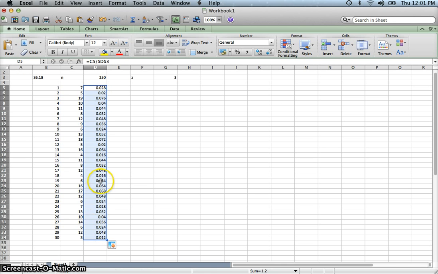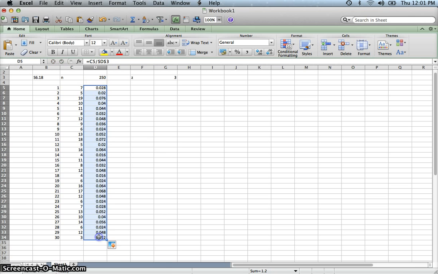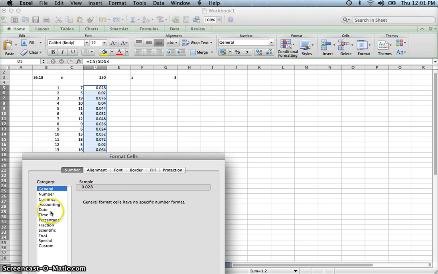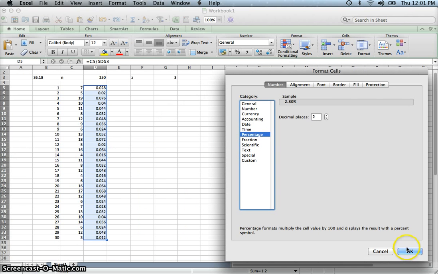We'll double check, just pick a number here in the middle. It's the number of defects on day 19 divided by the total sample size. So it copied down correctly. Let's go ahead and format these into percentages. 2 decimal places should be sufficient.